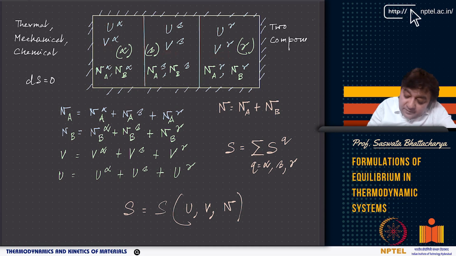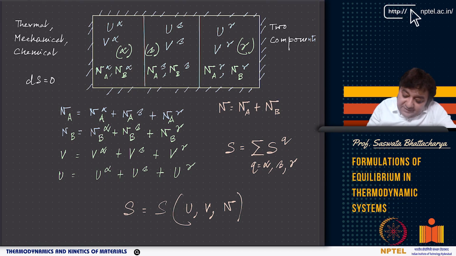Again, U and V are all extensive variables, and now we have two components, A and B. So I have Na alpha, the mole number of component A in the alpha subsystem, and Nb alpha, the mole number of B in the alpha subsystem.